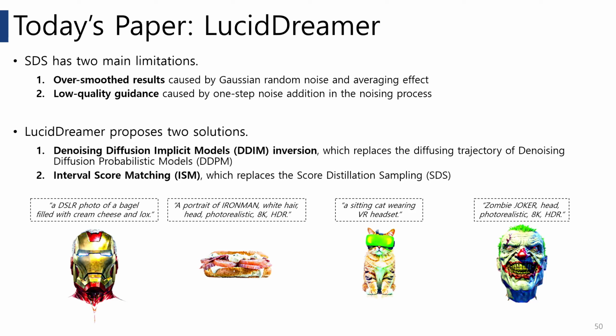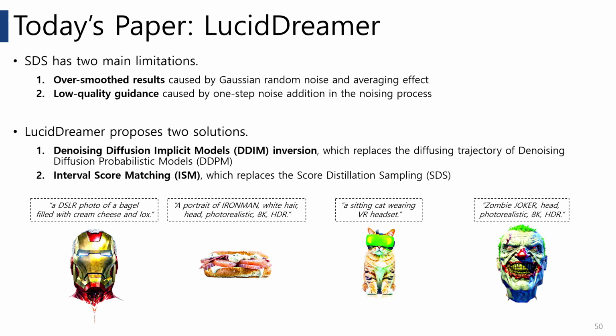To overcome the limitations of low-quality guidance and over-smooth results in SDS, a method called DDIM inversion, which stands for Denoising Diffusion Implicit Models inversion, was proposed. Building on this, the ISM, which stands for Interval Score Matching, approach was developed.